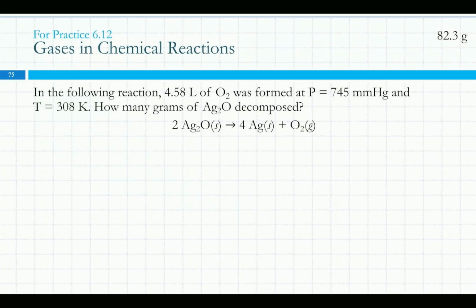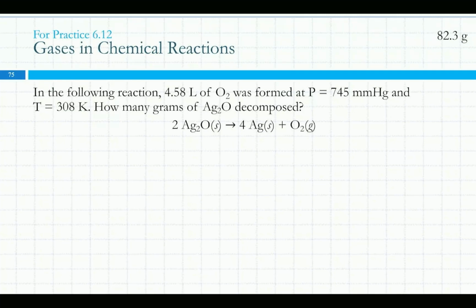The question always with the stoichiometry problem, and actually, how do we know it's a stoichiometry problem? Aside from the fact that I literally just talked about it. One hint is that they give you a balanced equation. Yes. There's another one. They're asking about, yeah, I think that could be one too. How many grams of this decomposed?